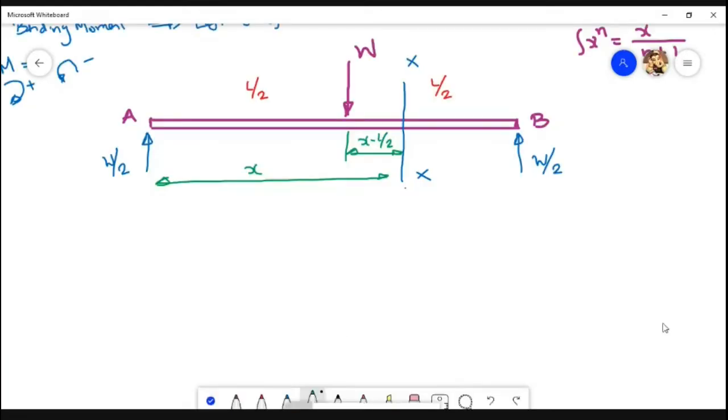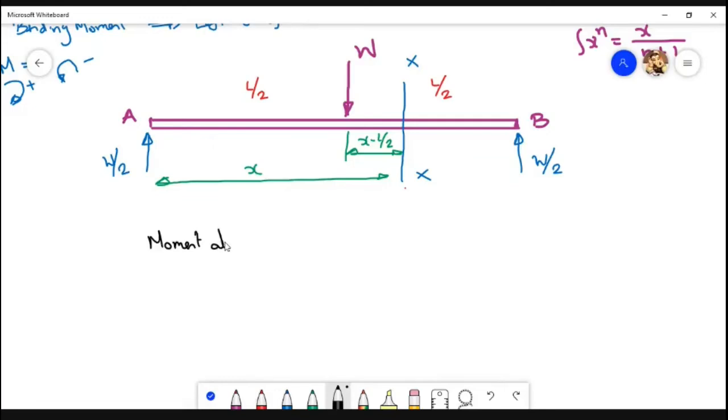Okay. Let me take moment at x. So moment at location x, Mx is equal to, you have two loads. This is one load, this is another load. Let me consider the first load. It is rotating in clockwise direction, positive. W by 2 into x.